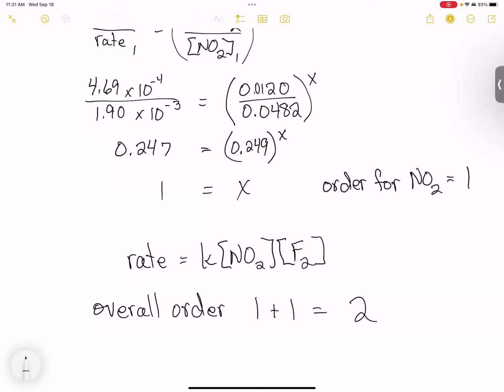In lab, we're actually going to do a series of experiments. And in one of the series of experiments, we're going to use the method of initial rates to determine one of the orders. And then we're going to have to use integrated rate law to determine the other order.